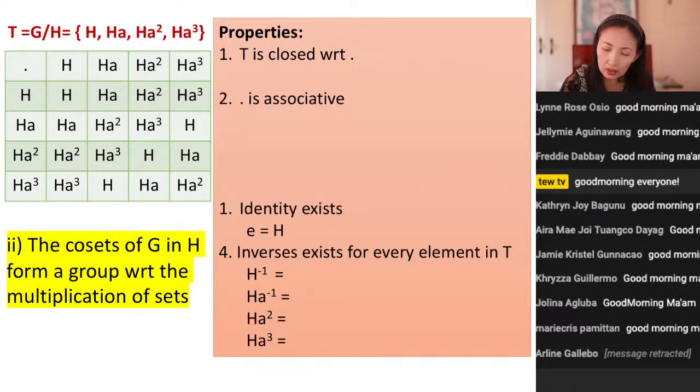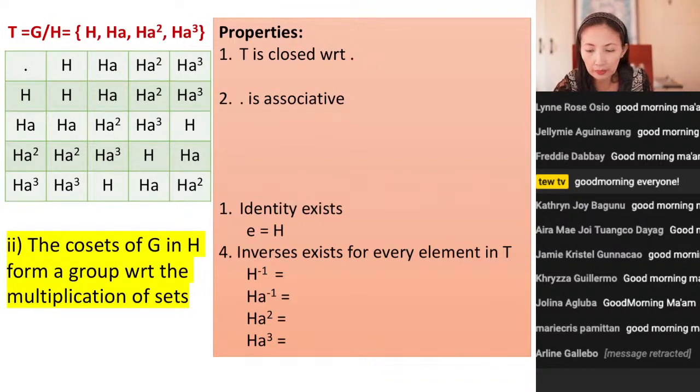H, HA. Let's check. Is the quotient group a group also? Although by the theorem, it says the cosets of G and H form a group with respect to multiplication of sets. So the operation is multiplication of sets. Is T closed with respect to multiplication?